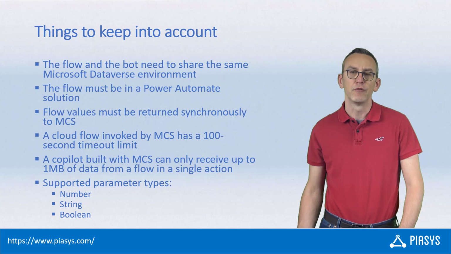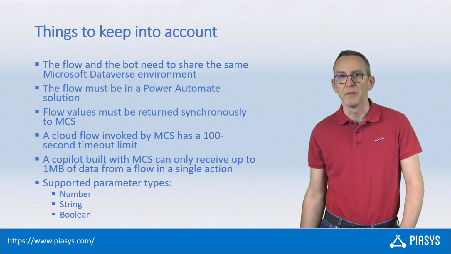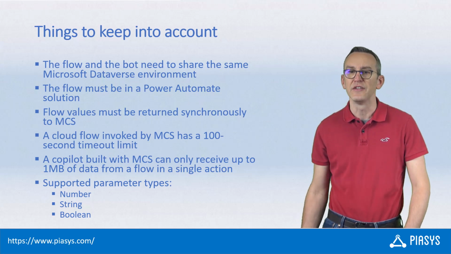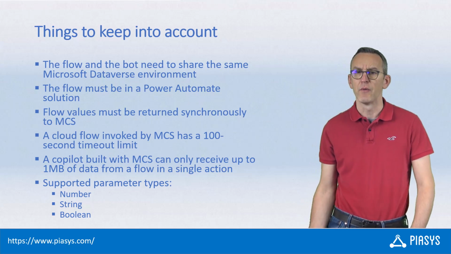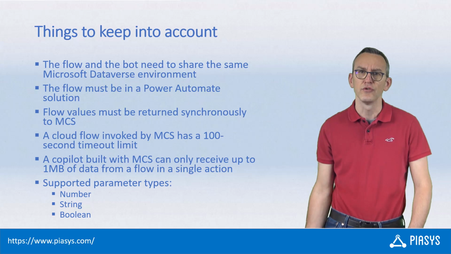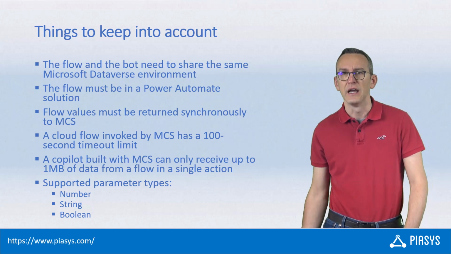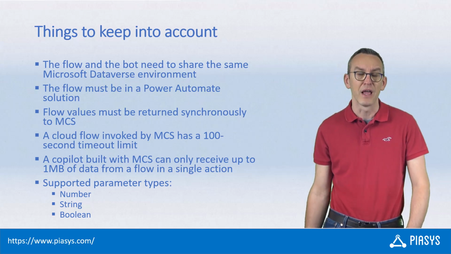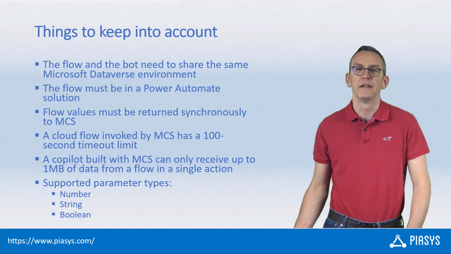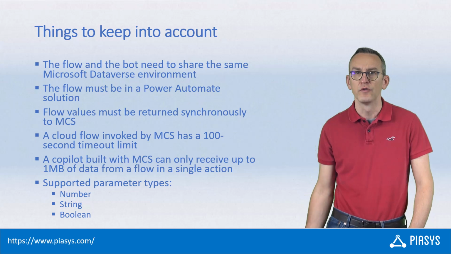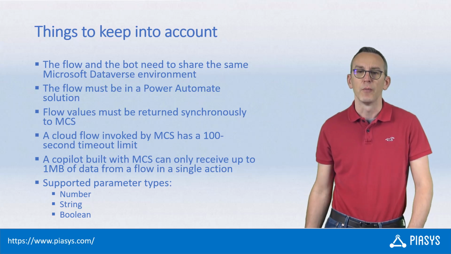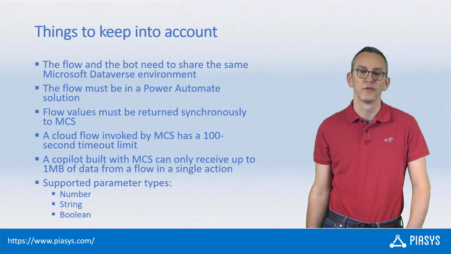For example, the flow and the bot that you create with Microsoft Copilot Studio will need to be in the same Microsoft Dataverse environment. The flow in Power Automate must be in the same solution where you have the custom copilot built with Microsoft Copilot Studio. And the flow must be synchronous, so you cannot have asynchronous flows interacting with your custom copilot in Copilot Studio.